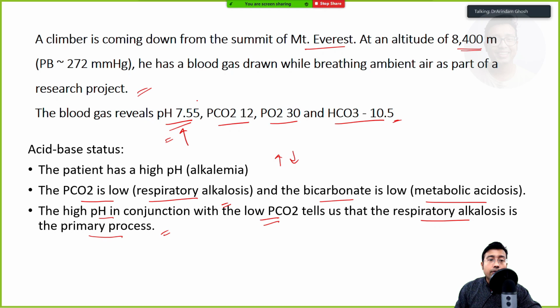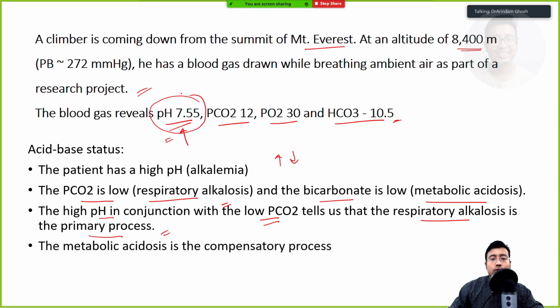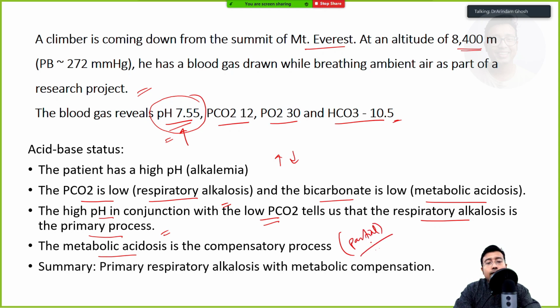Okay, however, this has not been compensated. Had it been compensated, it should have been within 7.45. So the metabolic acidosis is a compensatory process, but it is partial. Okay, so what is the answer? The answer is primary respiratory alkalosis with partial metabolic compensation.